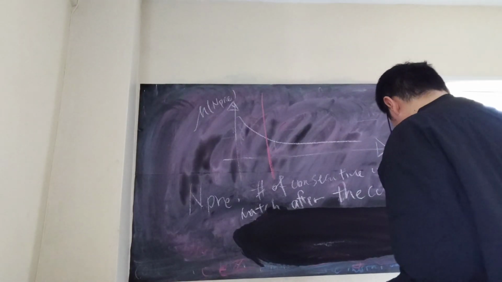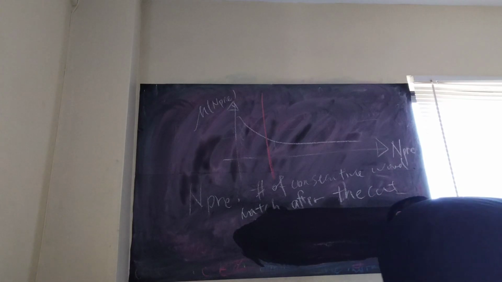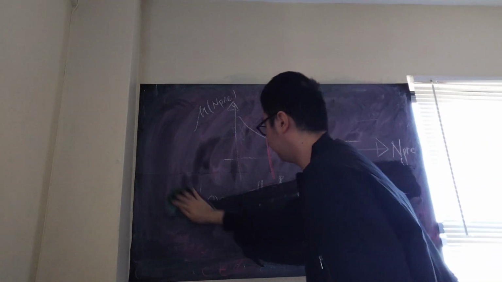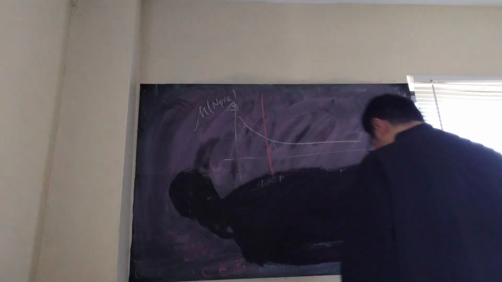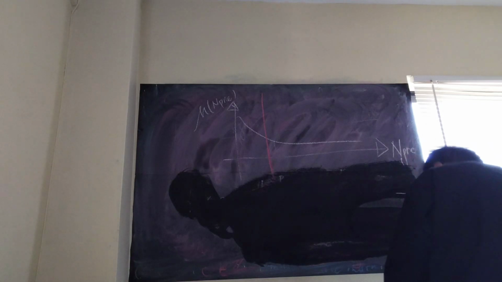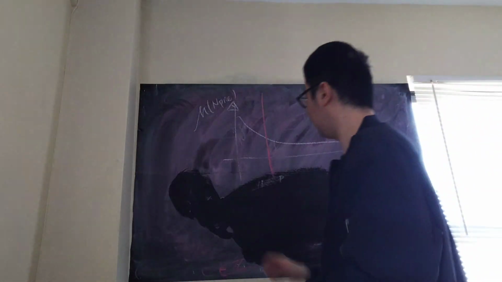So if you have such a skewed distribution, basically three things happen.